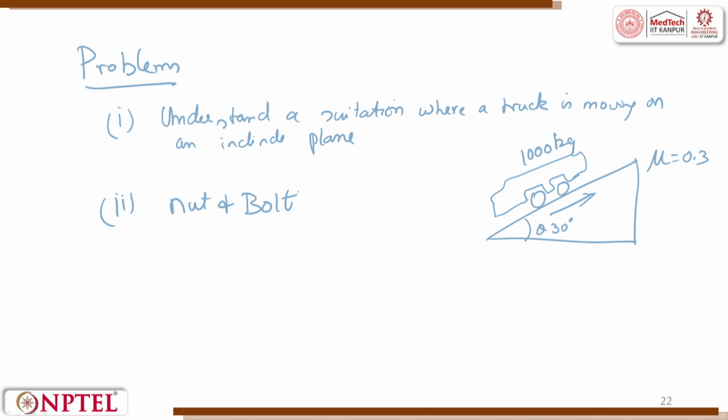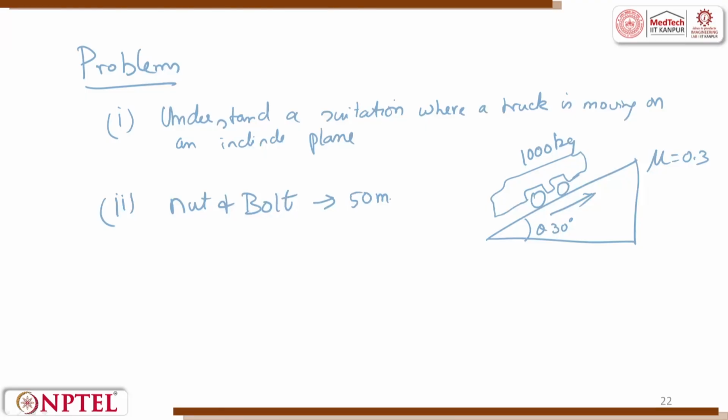So, now you will have to draw the diagram, identify the forces and try to solve the problem, find out what will be the torque required. And for calculation sake, you can take the nut dimension as 50 millimeter.